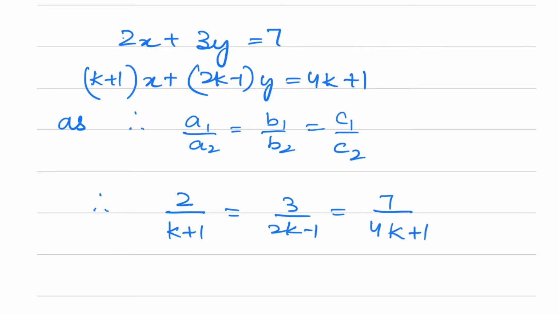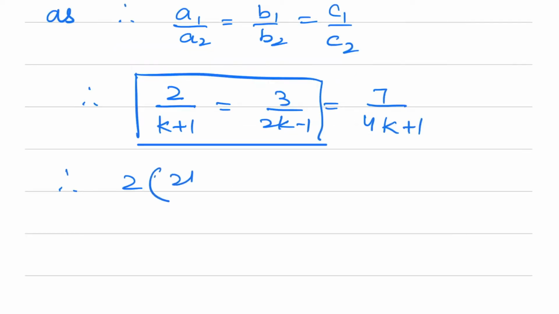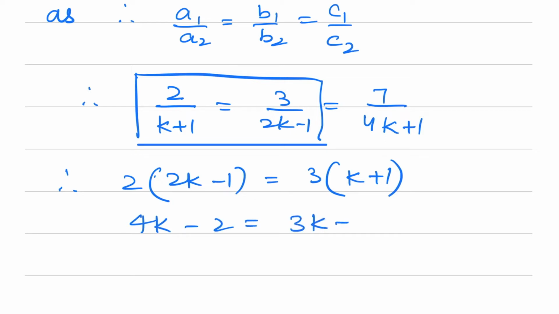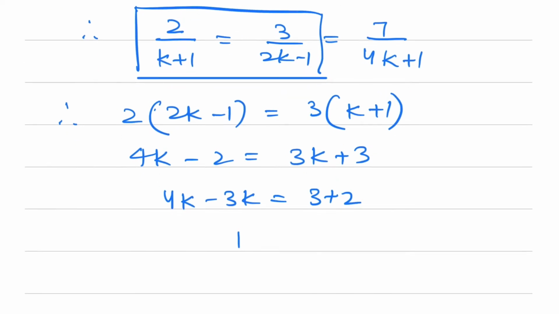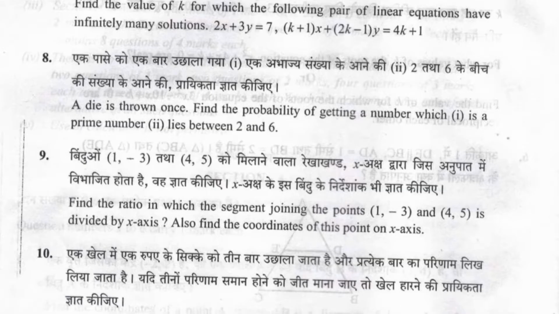We can just compare these two. 2 multiplied by 2k minus 1 is equal to 3 multiplied by k plus 1. 4k minus 2 is equal to 3k plus 3. 4k minus 3k is equal to 3 plus 2. So k is equal to 5. That's the answer.